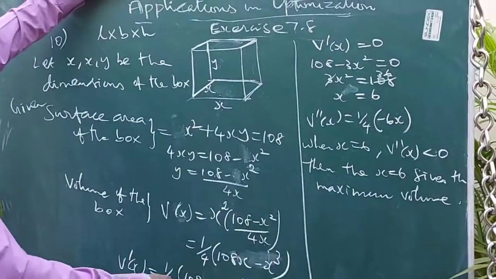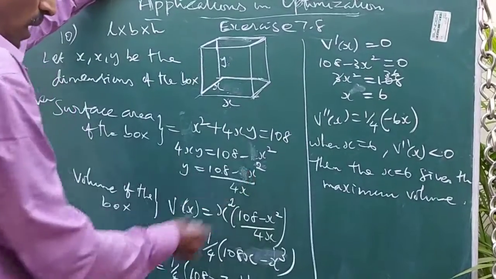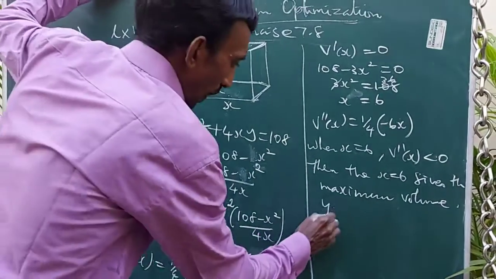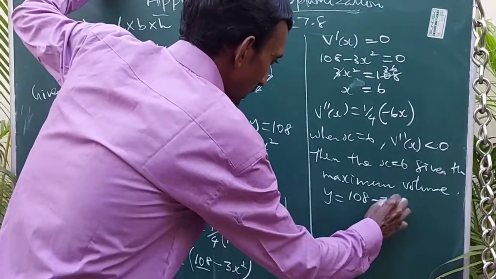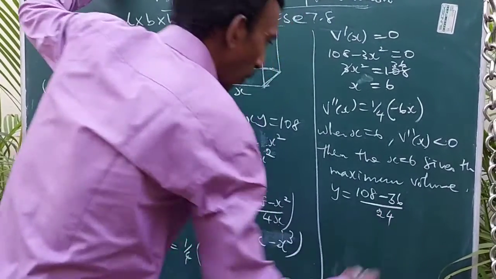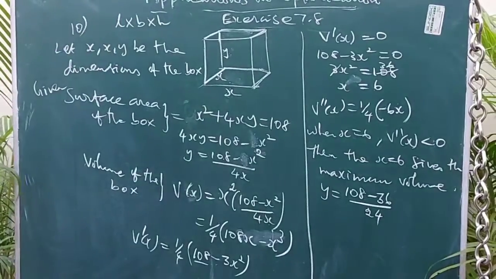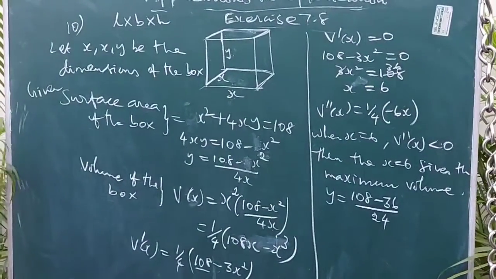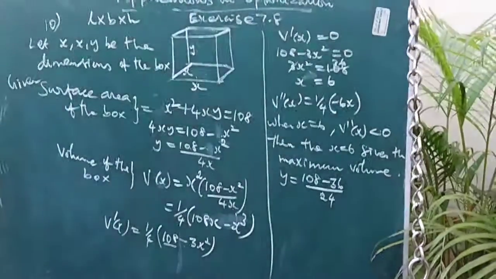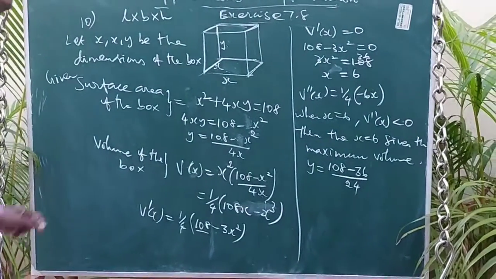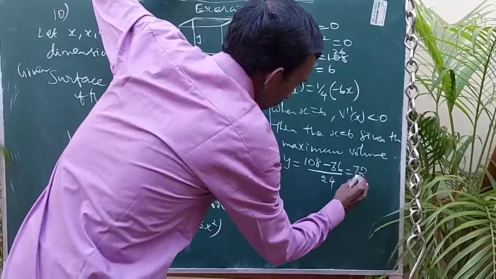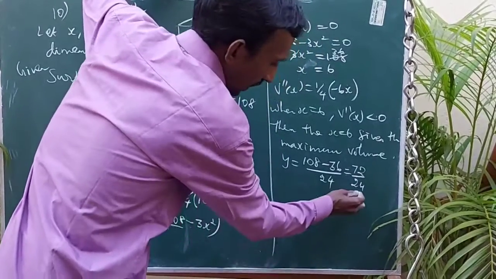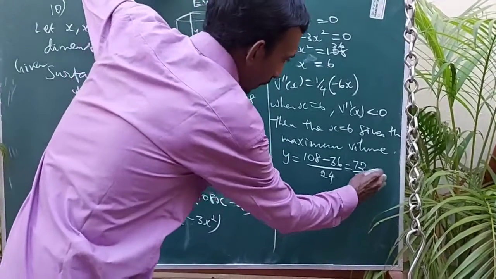So x equal to 6, now find out y by putting the value here. So y equal to 108 minus 36 by 24. 108 minus 36 is 72. So 72 by 24, I think 3 times 24 is 72.